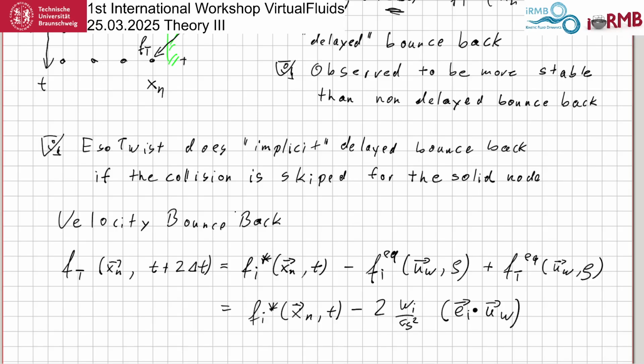I think it's called the LED scheme. It's a very simple way of adding the velocity to the bounce back and giving you a velocity boundary condition for any velocity. Yes.